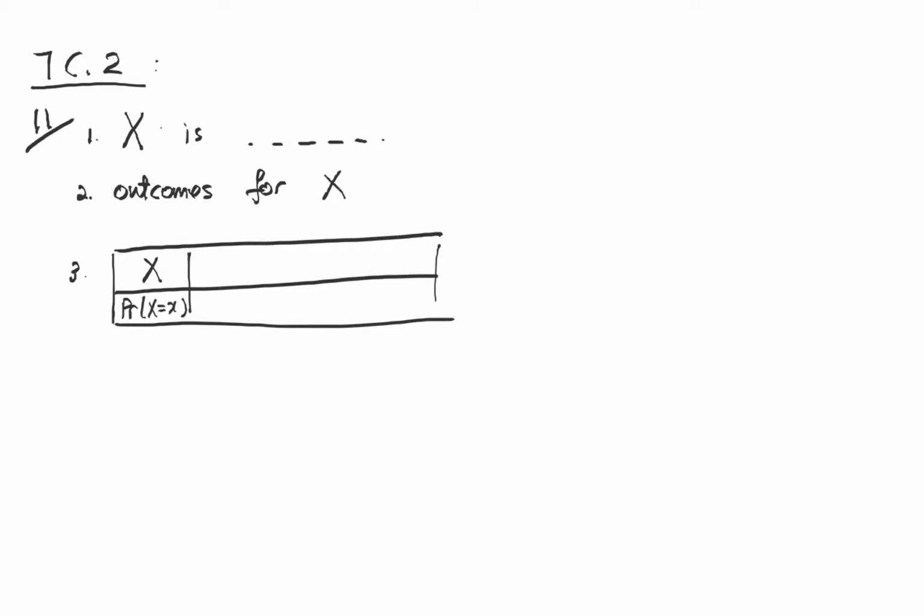So X is what? No, X cannot be probability. X is a random variable. No, you cannot say that is one of the values of X. Good try, but that is only one of the values of X.